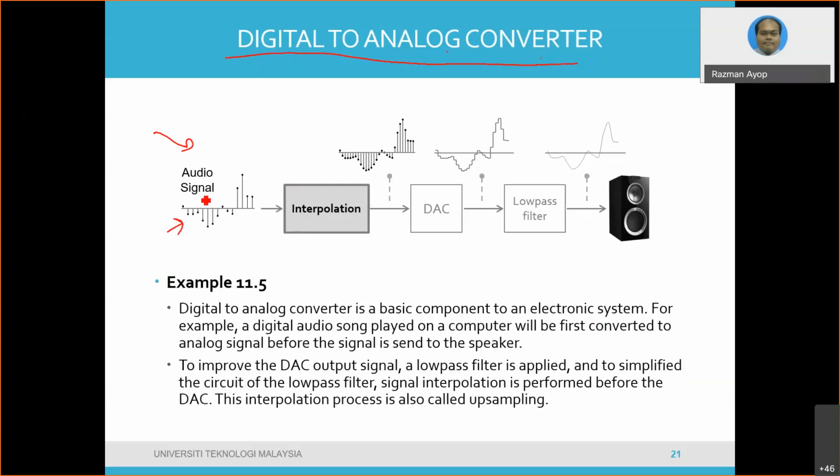From this digital signal, you can see here it is not continuous. So you have to do some interpolation to smooth out the signal. Basically it will go something like this. After interpolation, you use digital to analog, and you have a low pass filter to create a signal again.